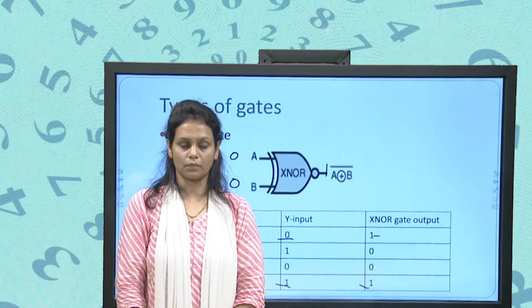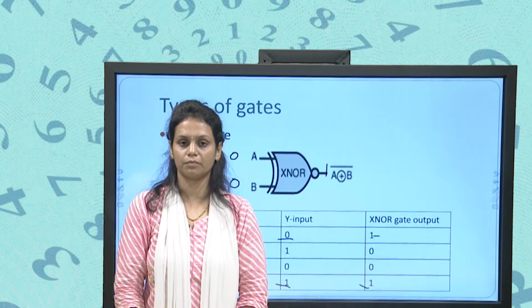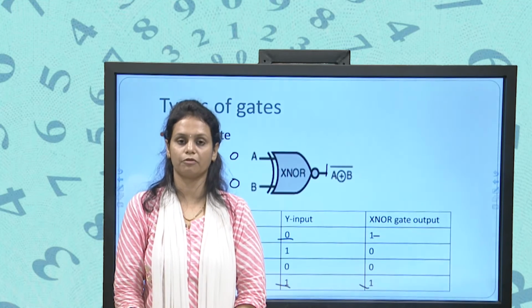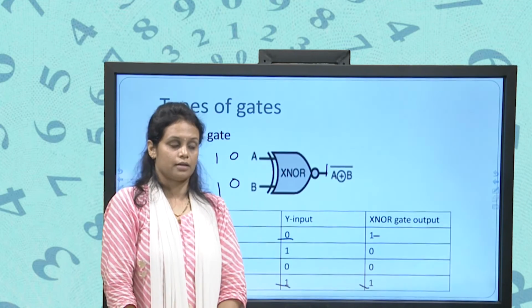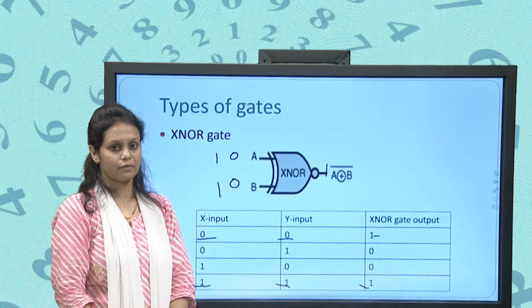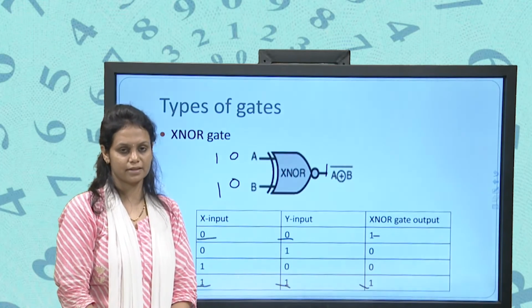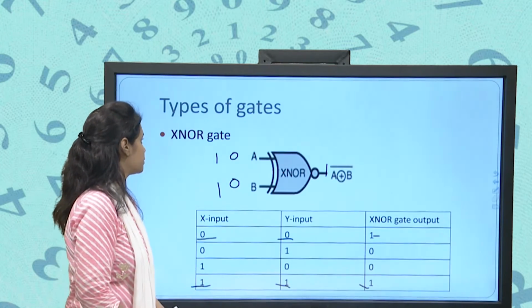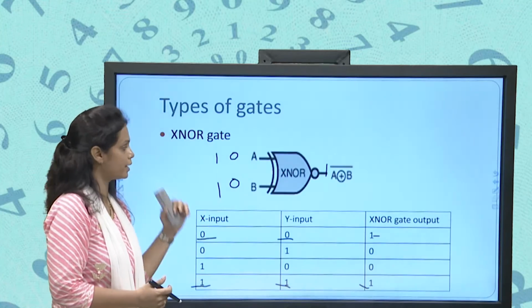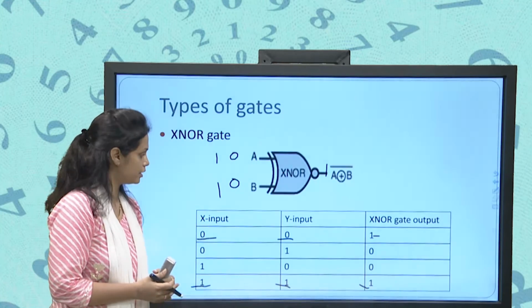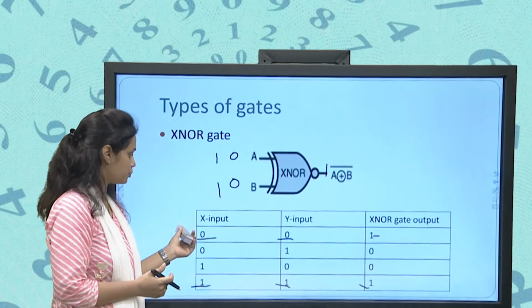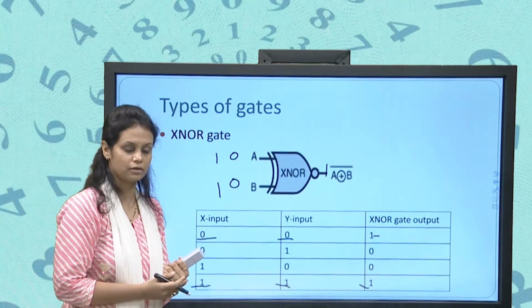In that case first we perform the OR gate operation and then the NOT gate operation. Then we have also seen the XOR gate in previous lectures, and lastly we have seen the importance of the XNOR gate, that is, how the XNOR gate gives the output for inputs 0 0, 0 1, 1 0 and 1 1.